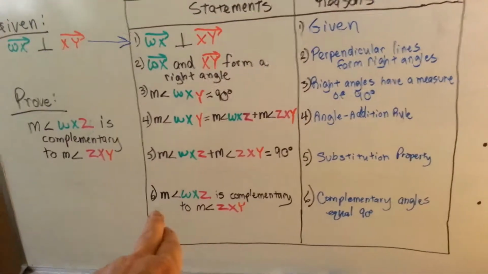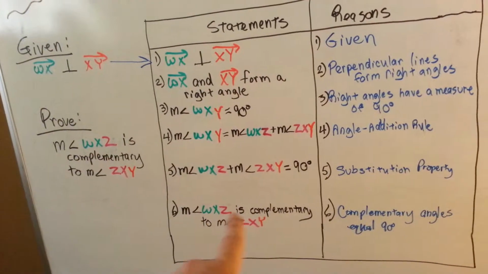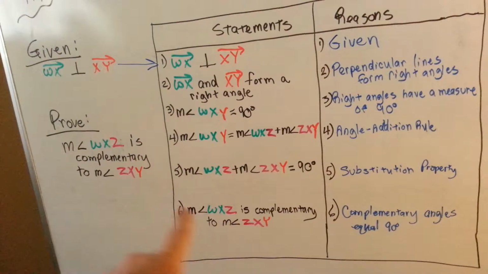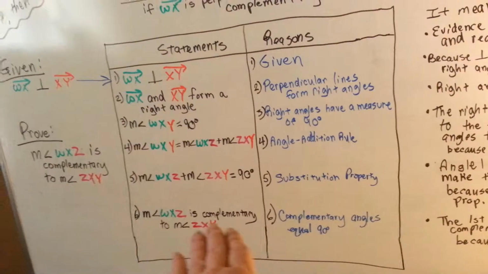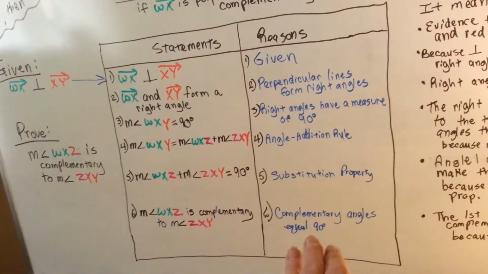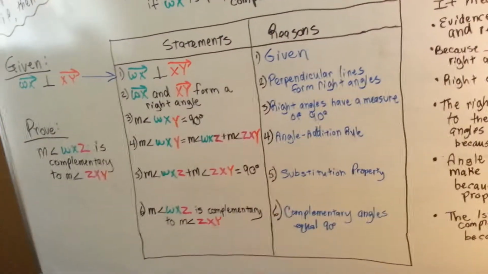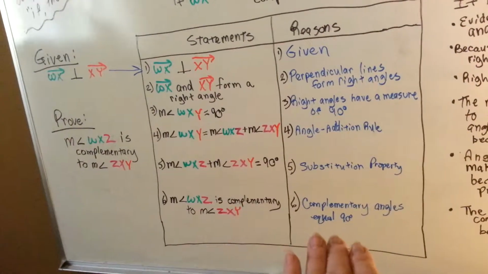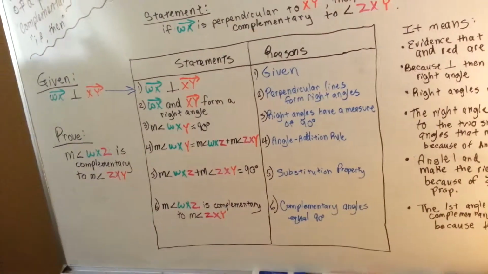So then we say the measure of WXZ is complementary to the measure of ZXY, the thing we're trying to prove, comes down here, and our reasoning is complementary angles equal 90 degrees. We have proven that together they make 90 degrees, because of the complementary angles property, that rule.